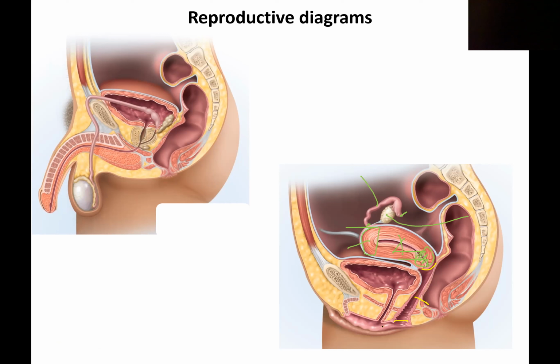You can see the labium minor, the labium major, and they actually come back to here. The clitoris.